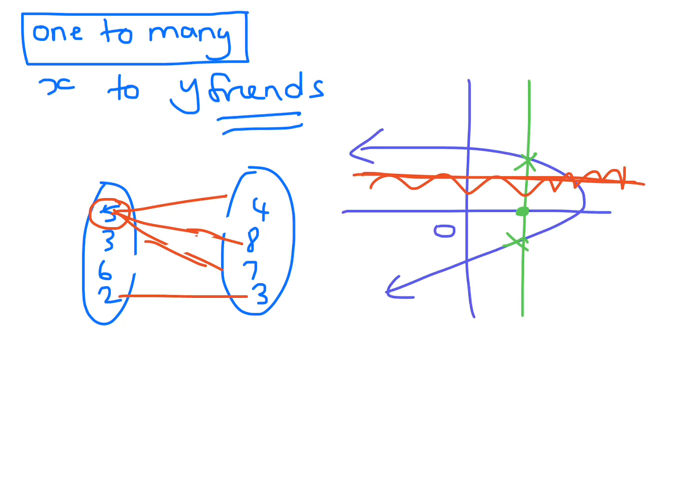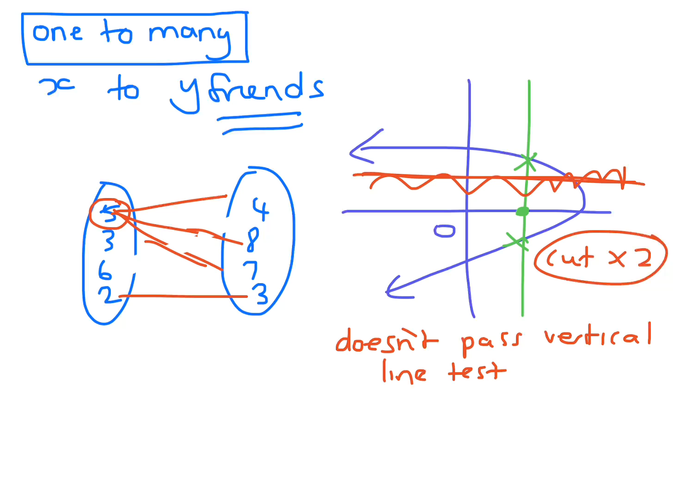So it does not pass the vertical line test, this one. And if you draw a vertical line, you would see that it would cut twice because it's got to have many Y friends.